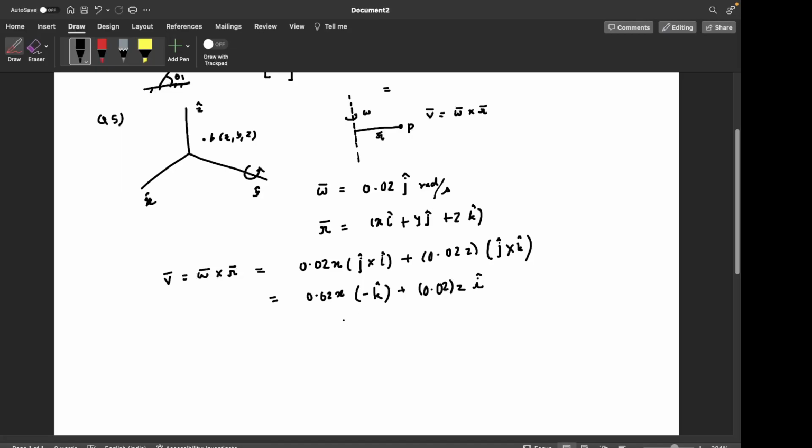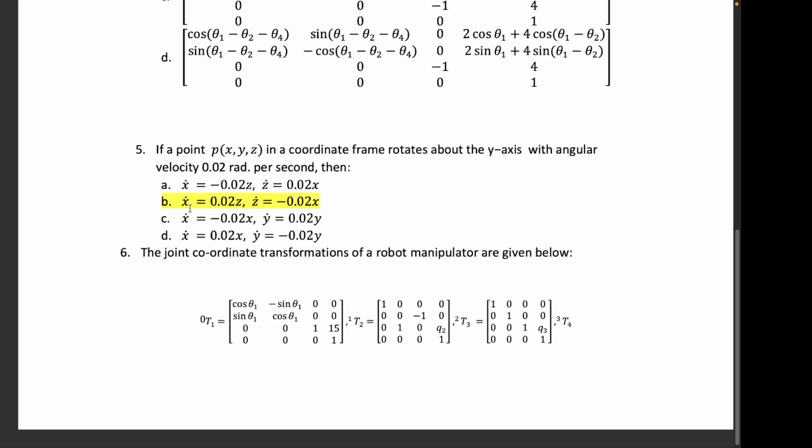So this will be 0.02 z i cap minus 0.02 x k cap. What we have been asked is x dot, which is basically velocity in x direction, and z dot, which is velocity in z direction.